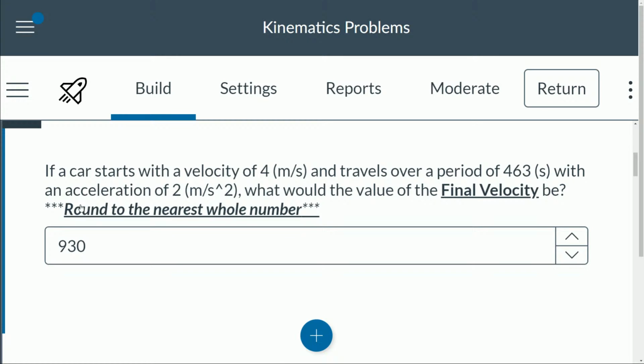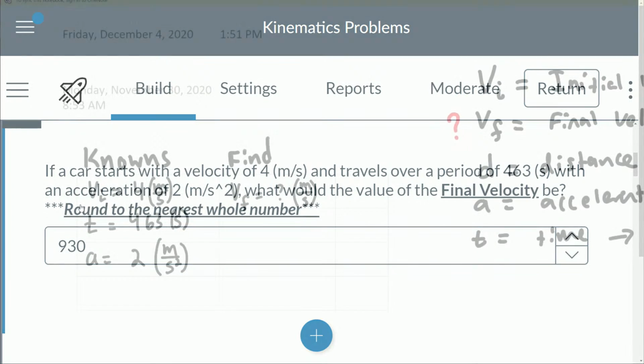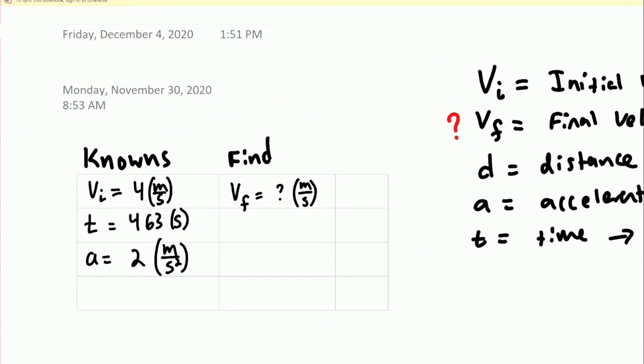And I want to know how fast it is going after the 463 seconds. Cool. All I've done is sort these. I've put what my objective is. I need to find the final velocity, and then these three values were given in the problem, and all I did was associate those with variables. Okay, so that's all I've done so far.